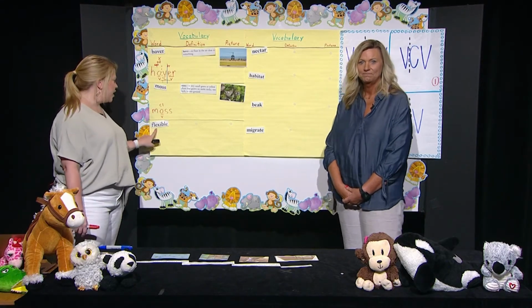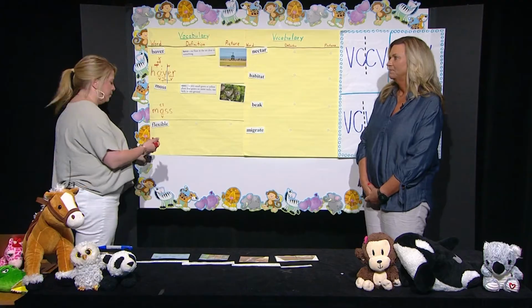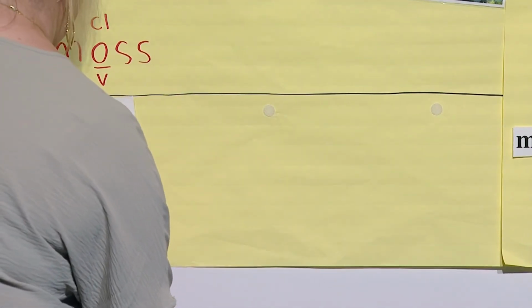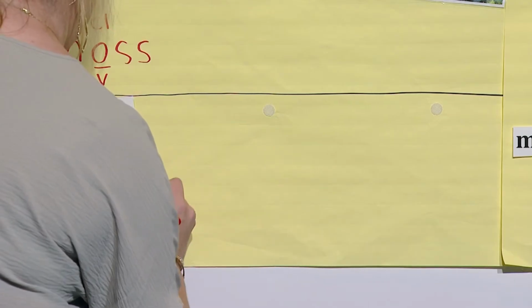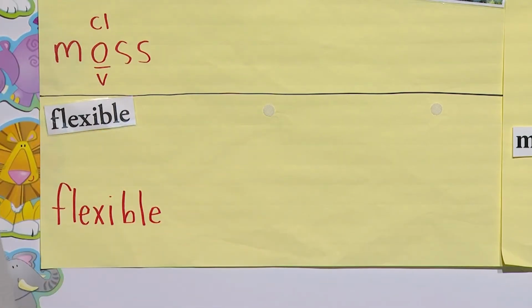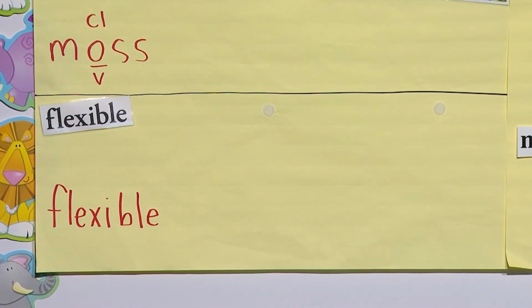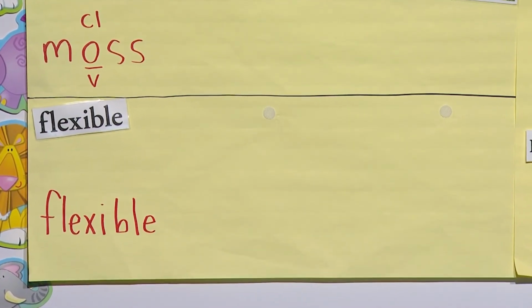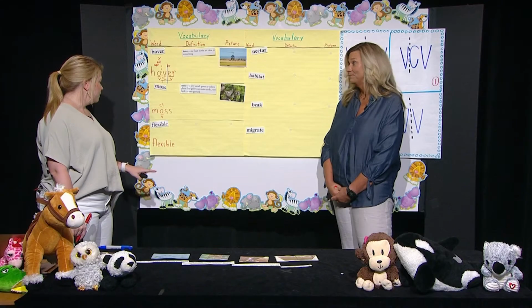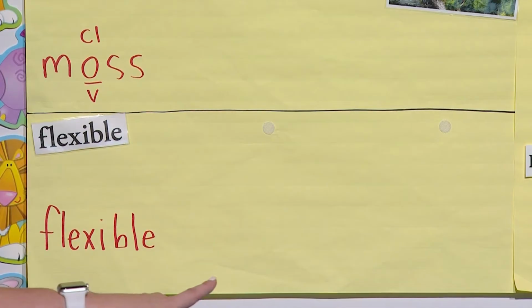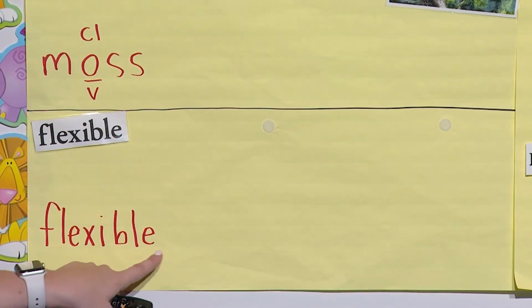Here we go. Can you write this word on your paper for me? All right. Boys and girls, is there anything that you notice about our word? Yes! Our word ends in BLE.